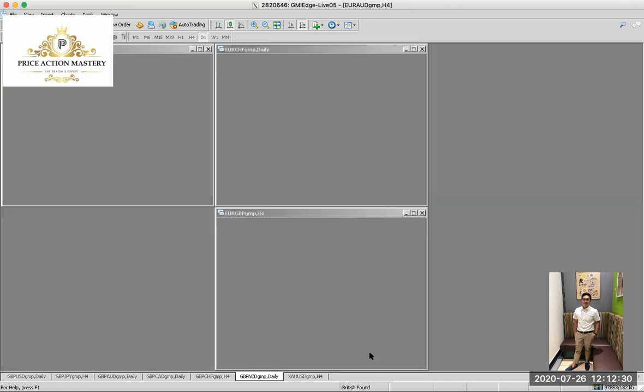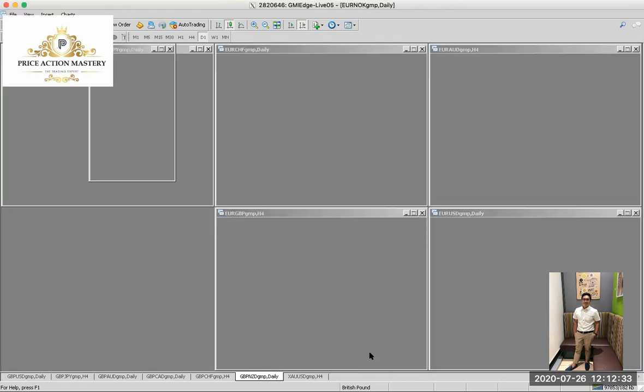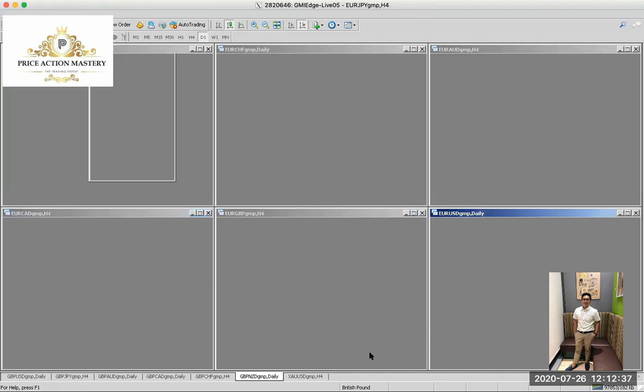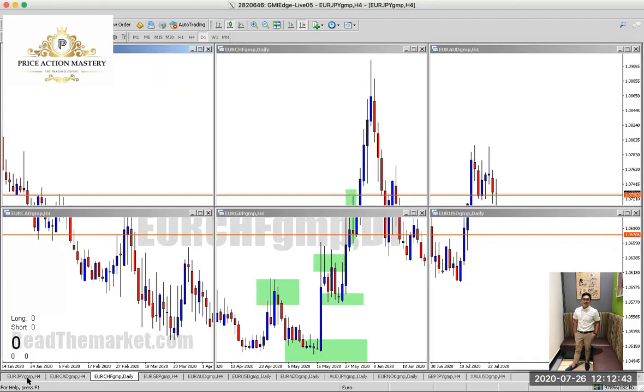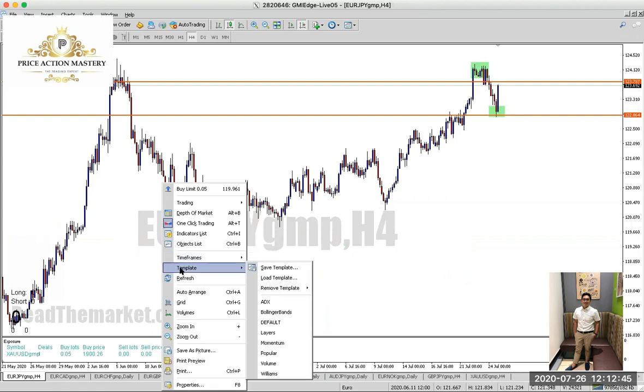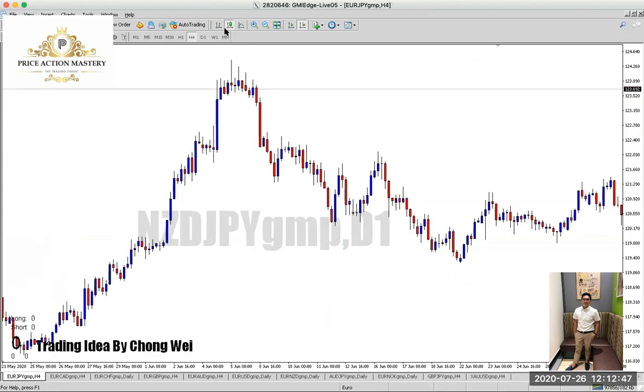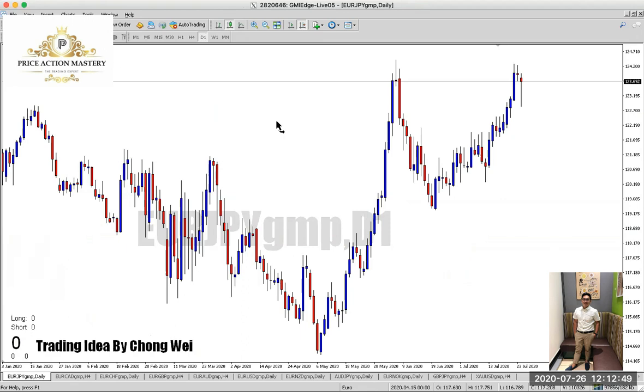The Euro pairs were quite strong in the fourth last week. Let's look into how they are going to perform in the upcoming week. Let me set it to default. The first we look into is Euro Yen.